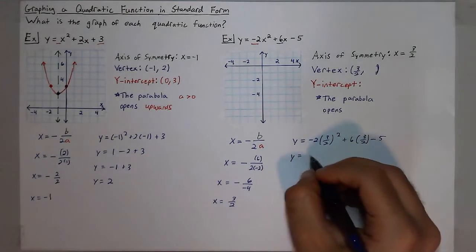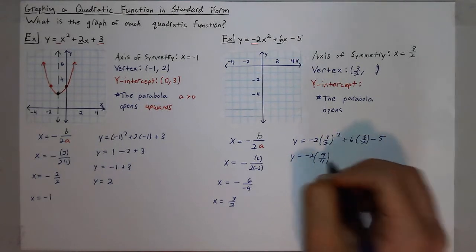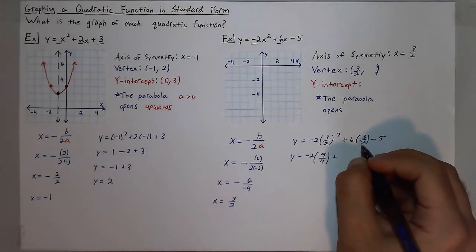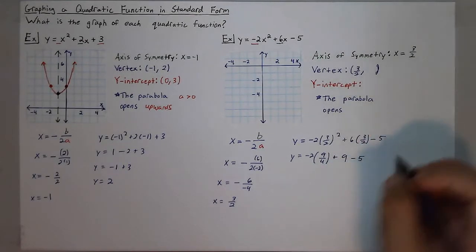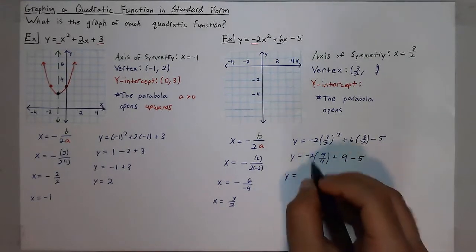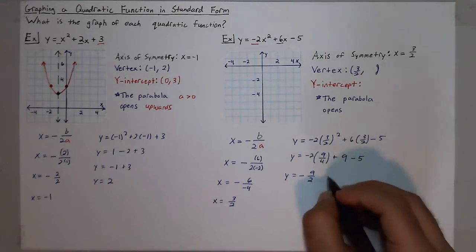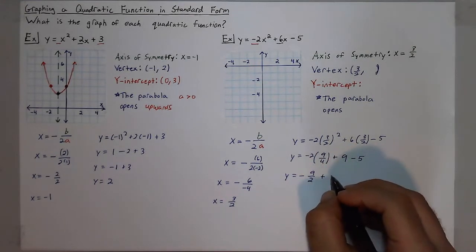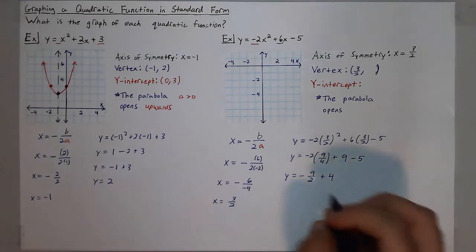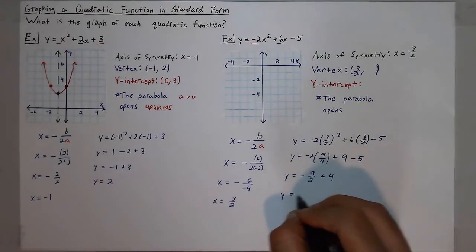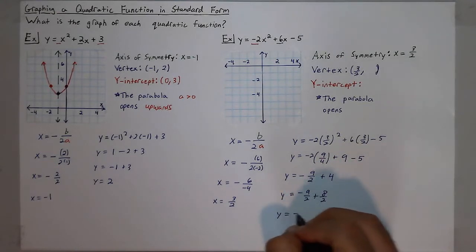So I'll have negative 2 times 9 fourths plus 6 divided by 2 is 3, so 3 times 3 is 9, minus 5. Negative 2 times 9 fourths is negative 9 halves now, plus 4, which needs a common denominator in order to add together. So that will be negative 9 halves plus 8 halves, which gives me negative 1 half.